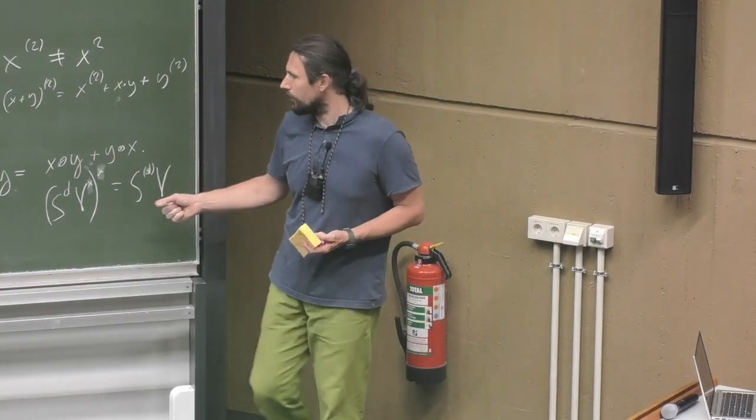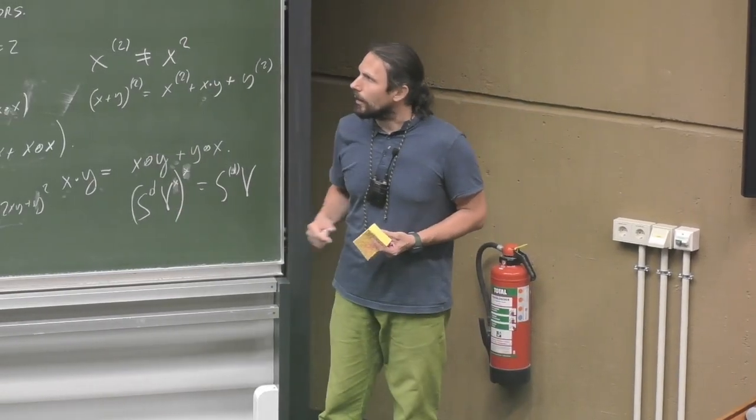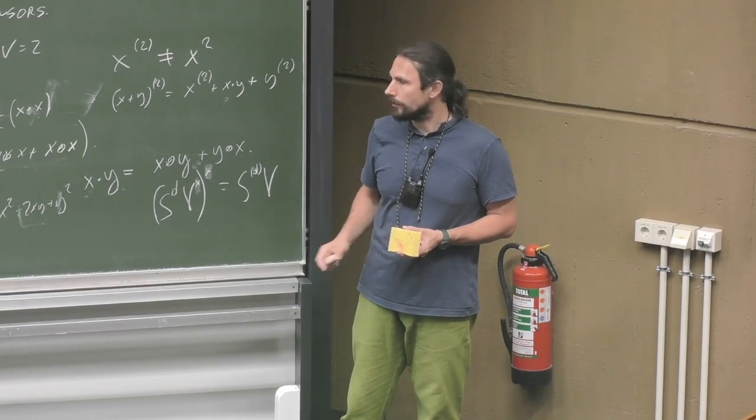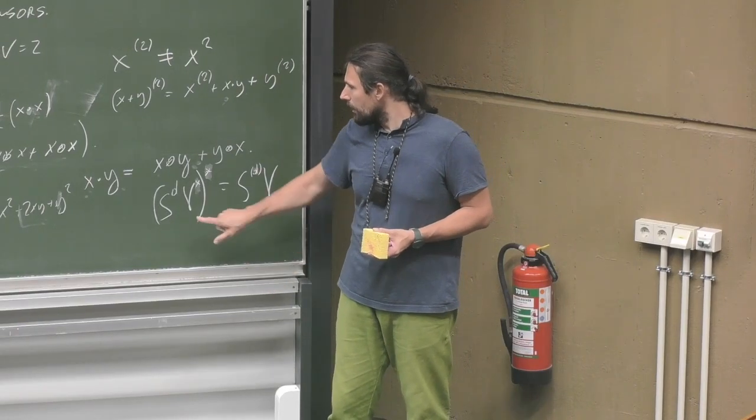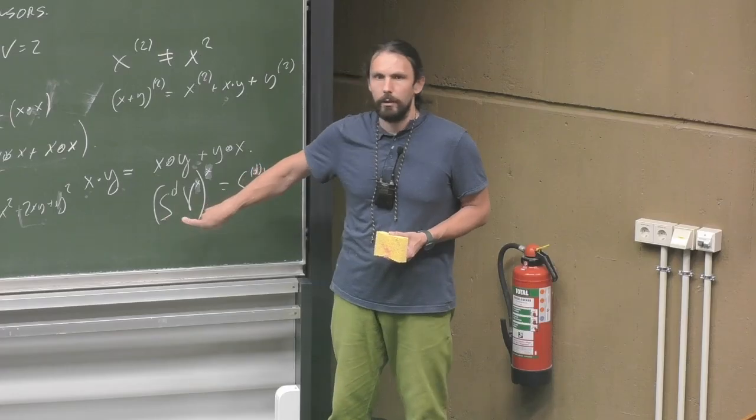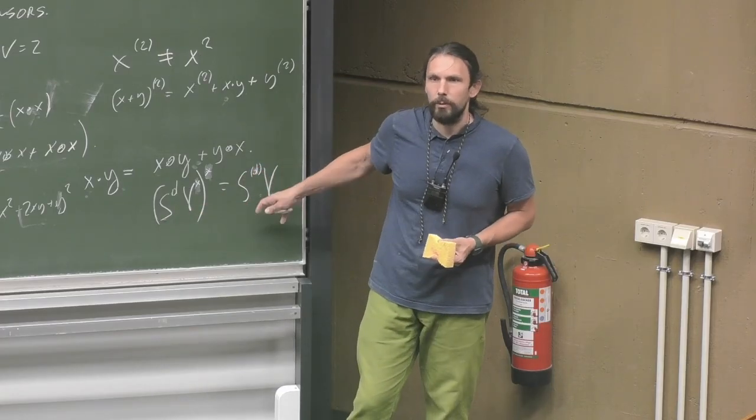So the way that you change basis on one side is the dual, like the transpose, of the way that you want to change the basis on the right hand side.